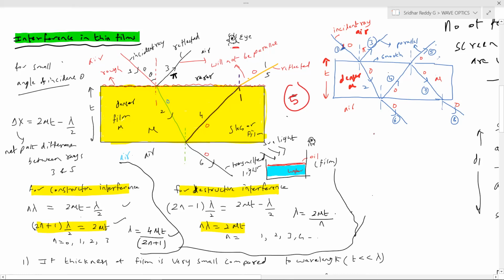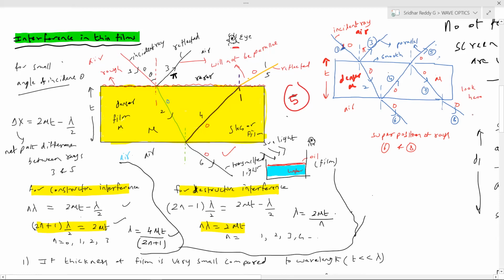Look very clearly now. I'm taking the superposition of rays 6 and 8. Please try to look at this right hand corner. Don't look at this diagram, look here.